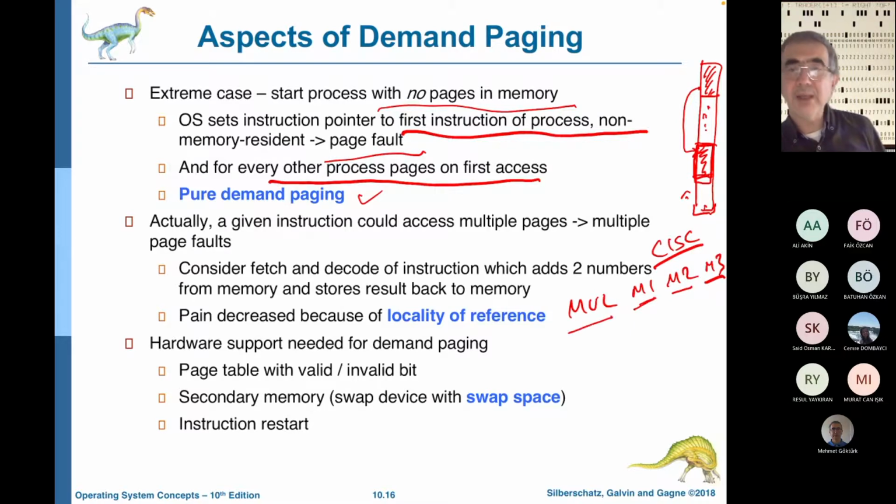And the code is in another location. Therefore, it may require 4 different pages. That is interesting. And those pages must be in memory at the same time. Otherwise, there will be a problem.